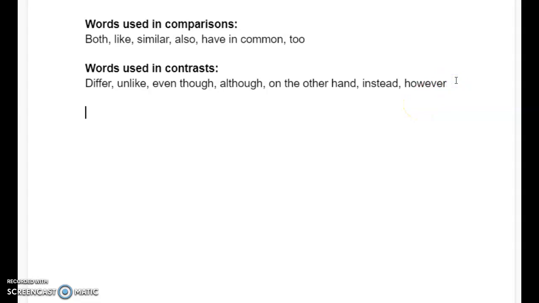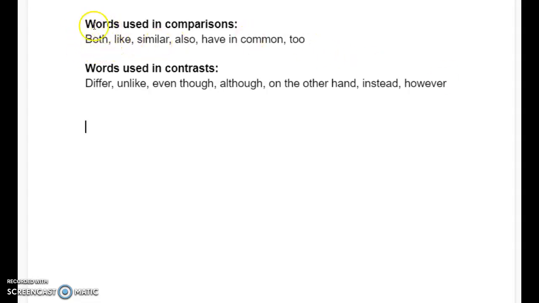So, let's use our comparison and contrast of basketball and soccer to make a few sentences. What's one similarity that I remember is both soccer and basketball use balls.